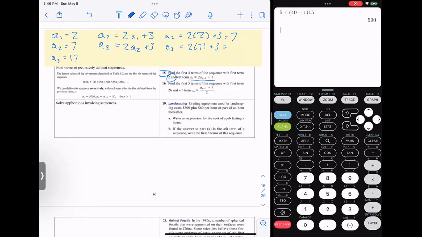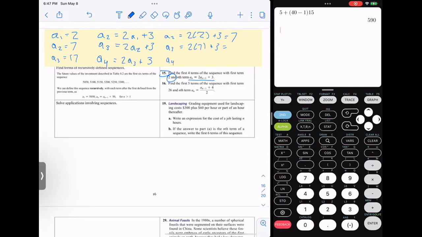Lastly, A4. All right, let's squeeze this in here. A4 is equal to 2 times a sub n minus 1, which is A3, plus 3.